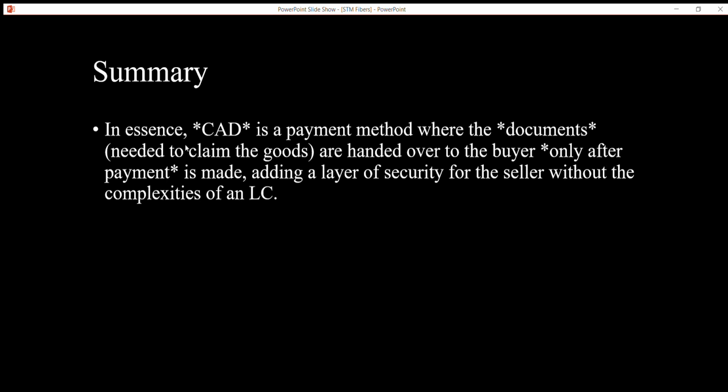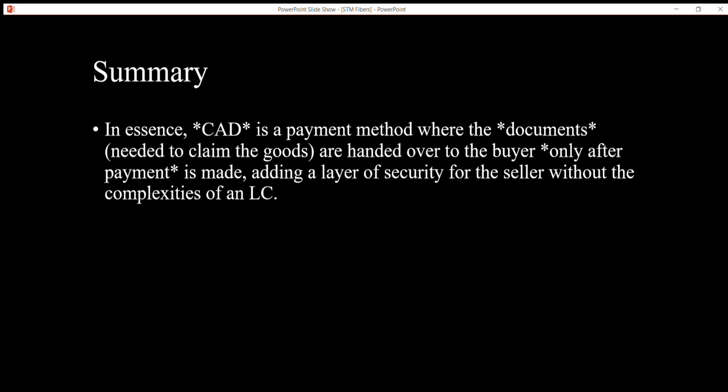Summary: we can conclude that CAD is a payment method where the documents needed to claim the goods are handed over to the buyer only after the payment is made, adding a layer of security for the seller without the complexities of an LC. I hope by this lecture your concept about CAD, cash against documents, is very clear.